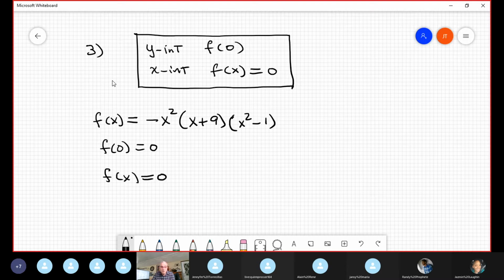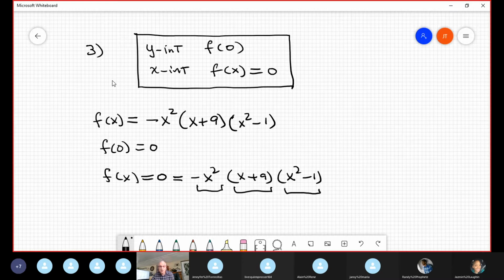It's minus x squared times x plus 9 times x squared minus 1 equal to 0. Okay, then you apply one more time the zero factor property: when an expression that is factored is equal to 0, it is because each factor separately, one by one, is 0. And we connect it by OR.